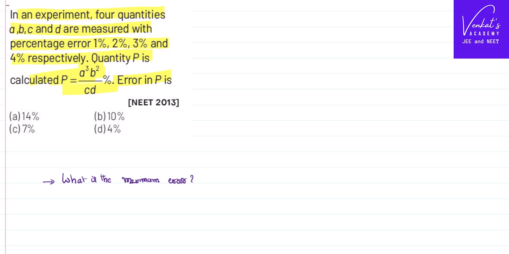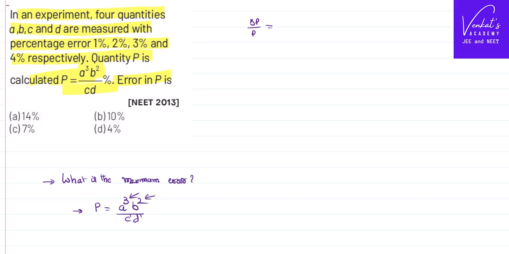It is given that the relation is: P equals a cube b square by cd. Then the error that is going to happen is delta p by p. That's what we are supposed to calculate now. There are powers to each of these physical quantities: 3, 2, 1 and 1, right?